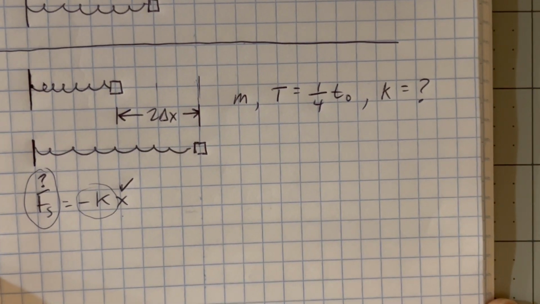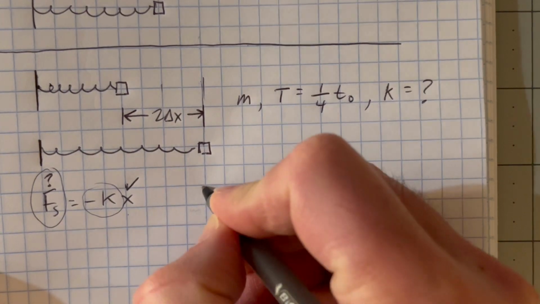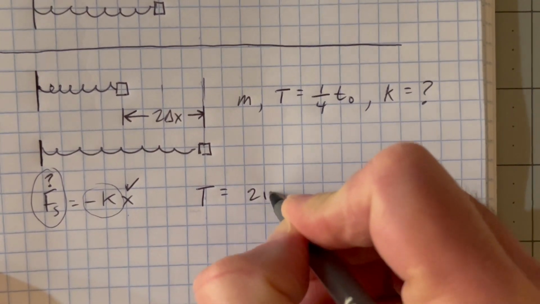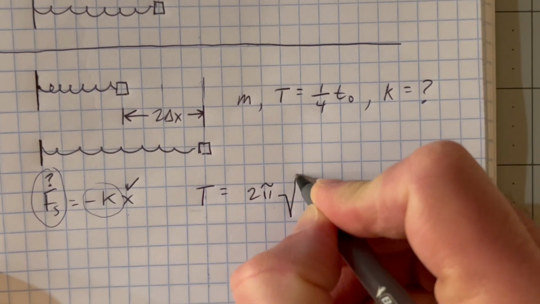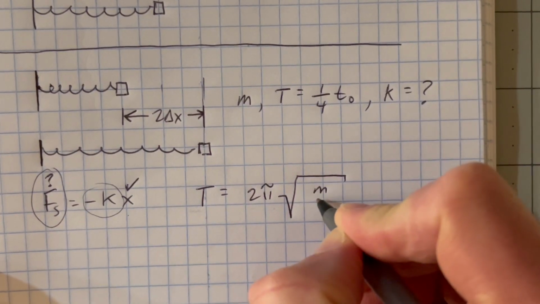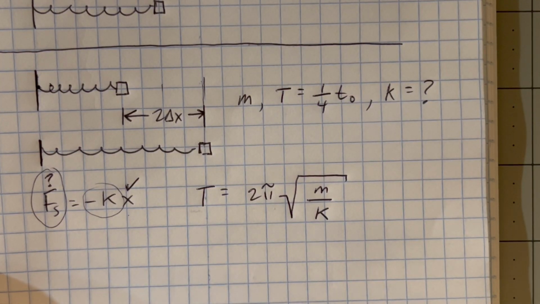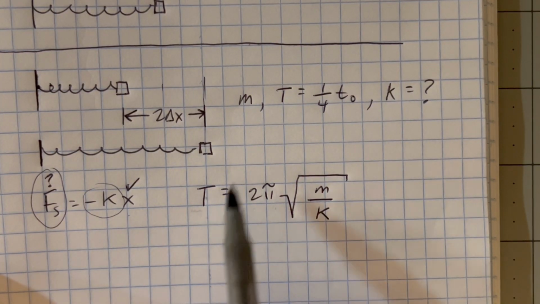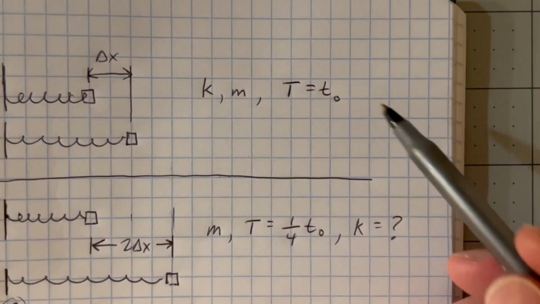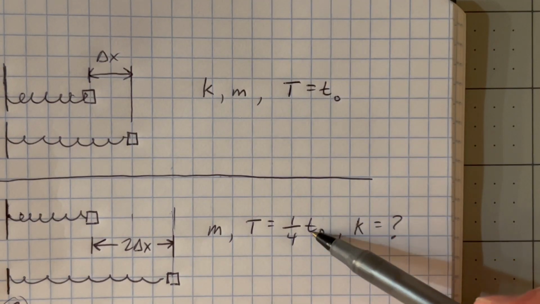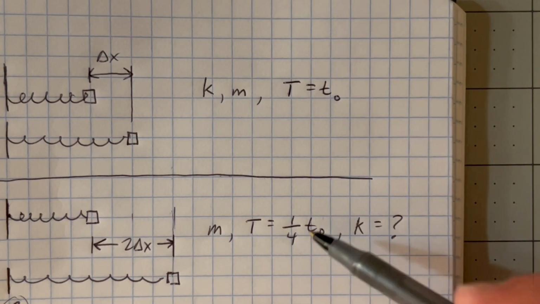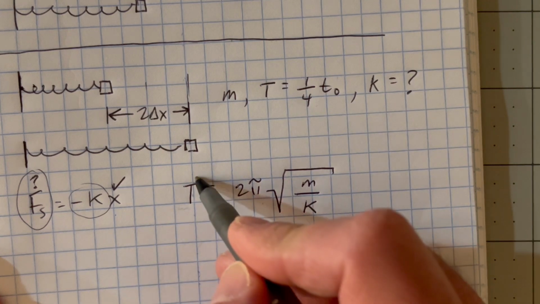But on the other hand, let's look at this equation. T equals 2 pi times the square root of M over K. So in this situation, we are given both T values. We're given T naught and T naught over 4, or 1/4 T naught. So we're given these values.